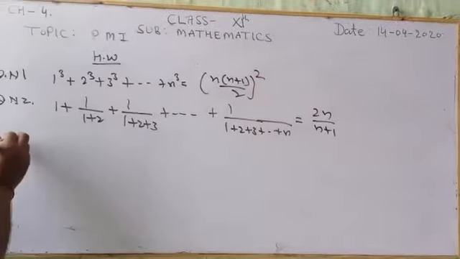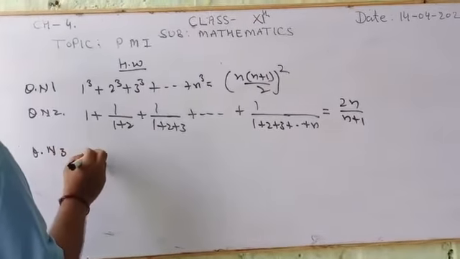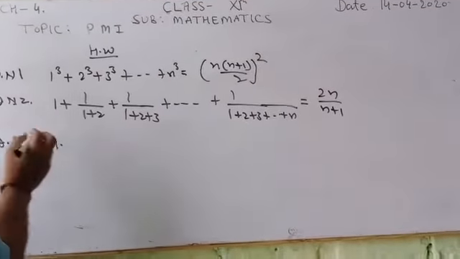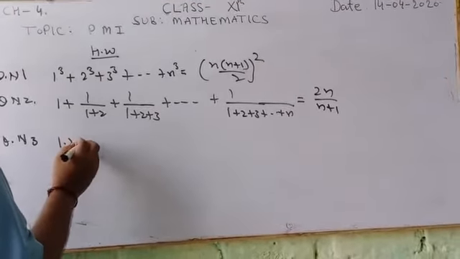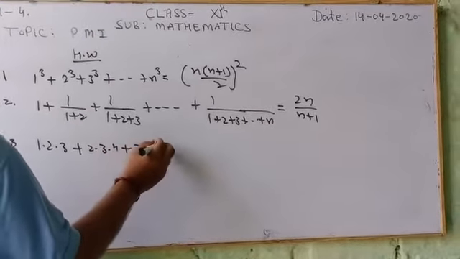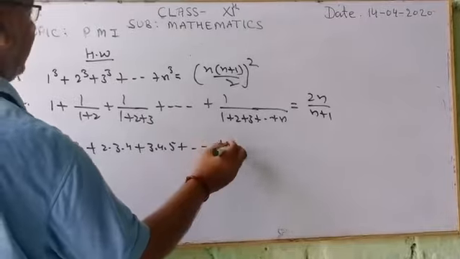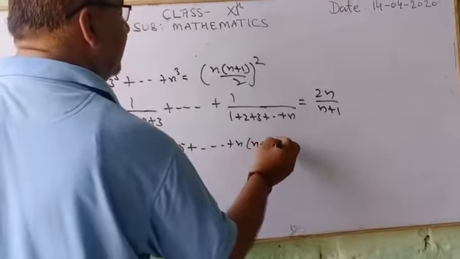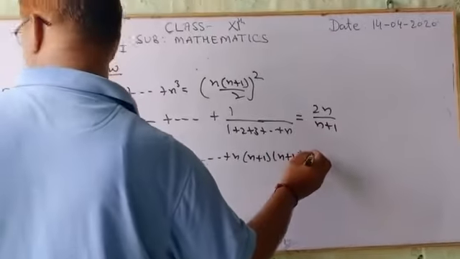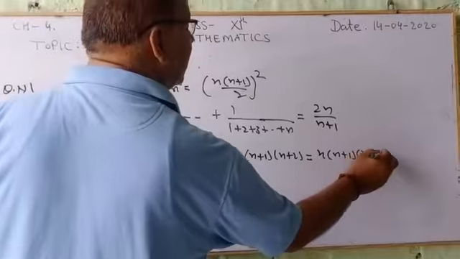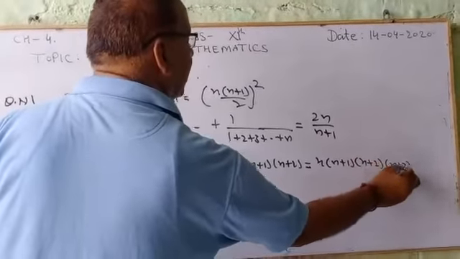Question number third, 1 into 2 into 3 plus 2 into 3 into 4 plus 3 into 4 into 5 up to n into n plus 1 into n plus 2 equal to n into n plus 1 into n plus 2 into n plus 3 upon 4.